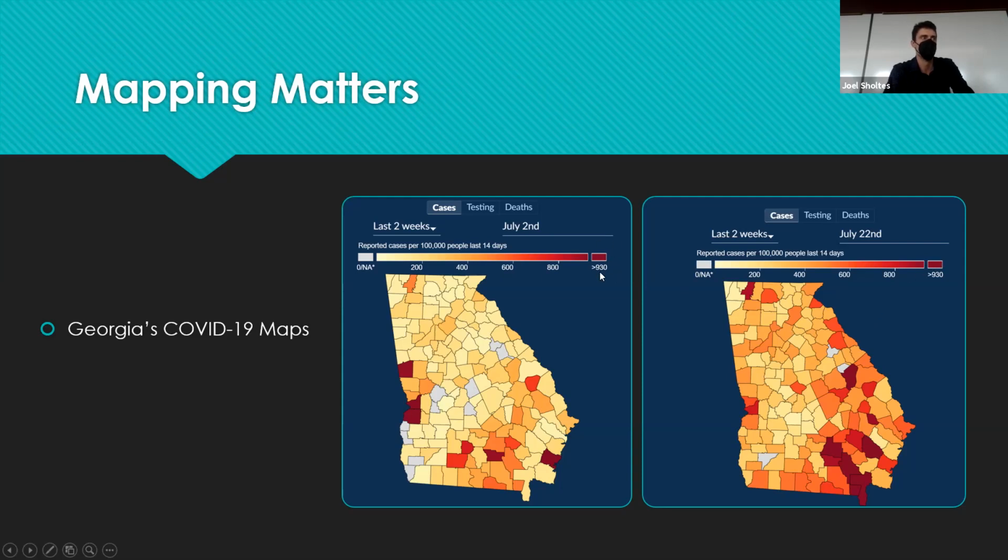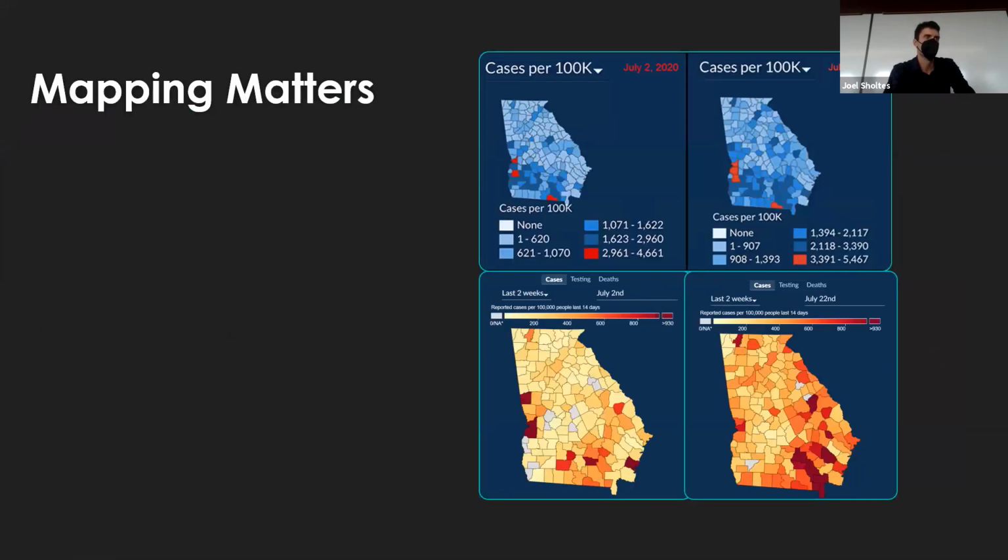And anything greater than 930 cases per 100,000 is saturated. So it's this dark kind of burgundy color. So now if we look at all these maps together, here's the July 2nd, and here's the July 22nd. And you can see that maybe you're not so worried about what's going on in Georgia between these two maps, but here it tells a much different story, right?